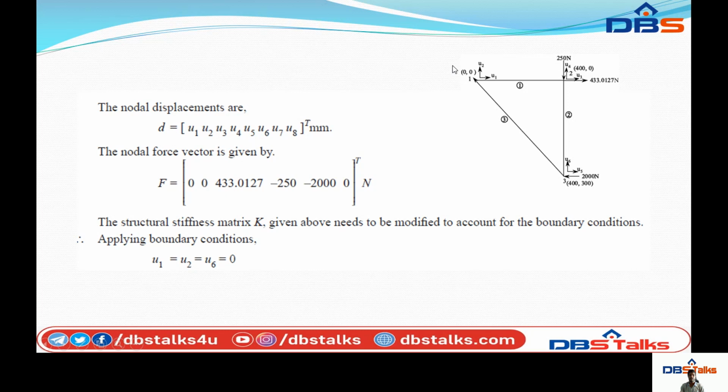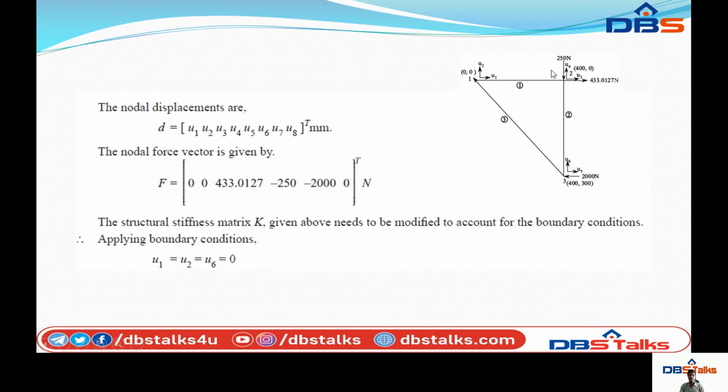So at node 1 and node 2 there are no forces acting, 0 and 0. U1, U2 are zeros. At U3, in the horizontal direction, one force is acting, 433.0127 newtons. So I am taking the value of U3 in horizontal as 433.0127.